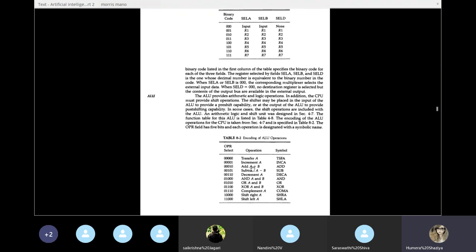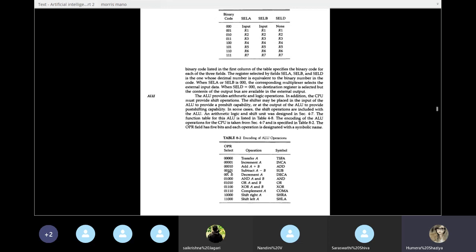So what operation we are performing in that example, that is R2 plus R3. So what will be the code? It will be 00010. If you perform subtract, the code will be 00101.